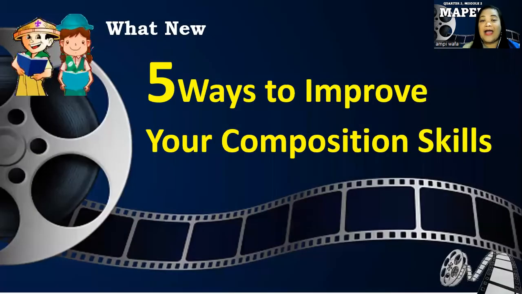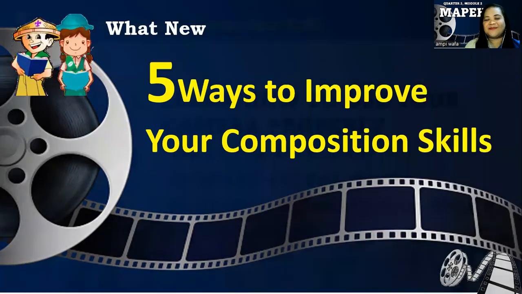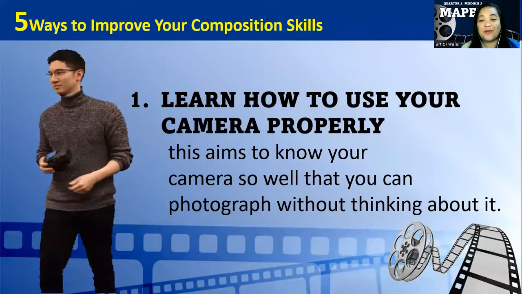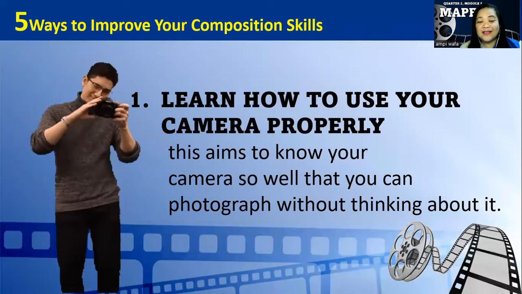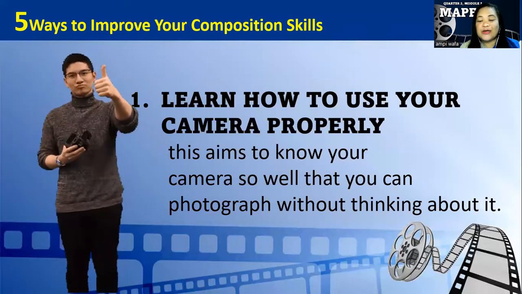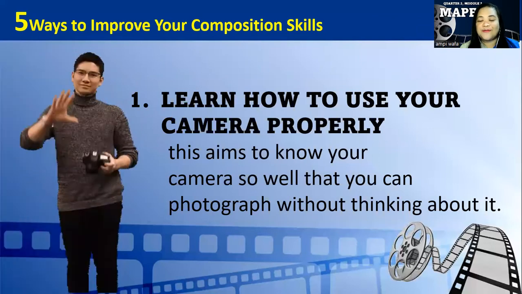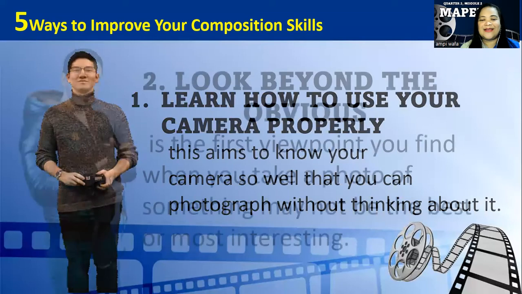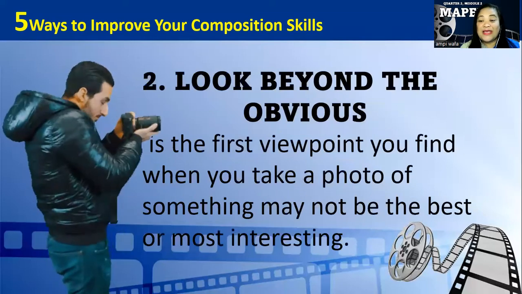And we have the 5 ways to improve your composition skills. Number 1, learn how to use your camera properly. This aims to know your camera so well that you can photograph without thinking about it. Number 2, look beyond the obvious.